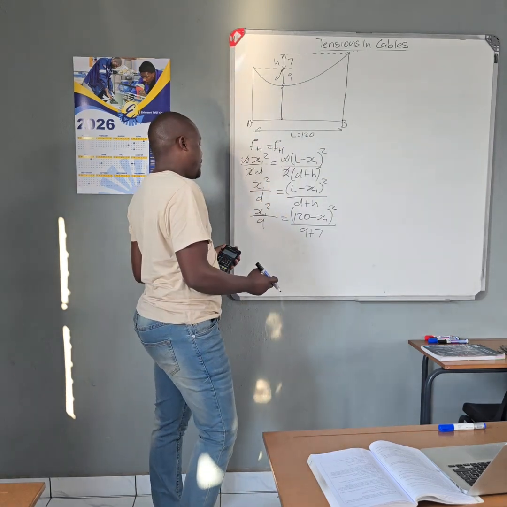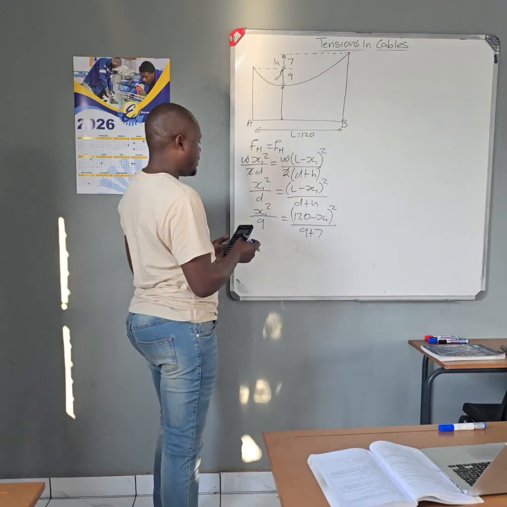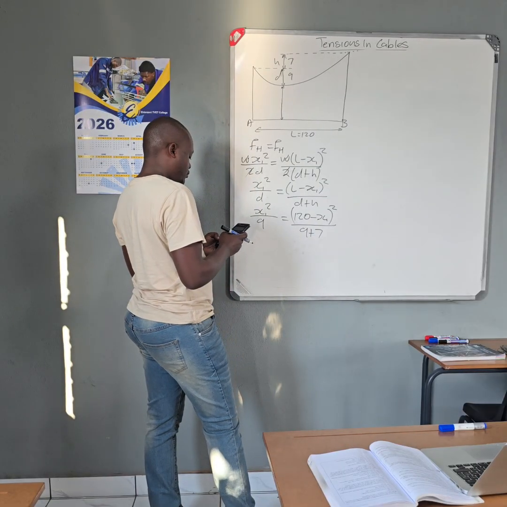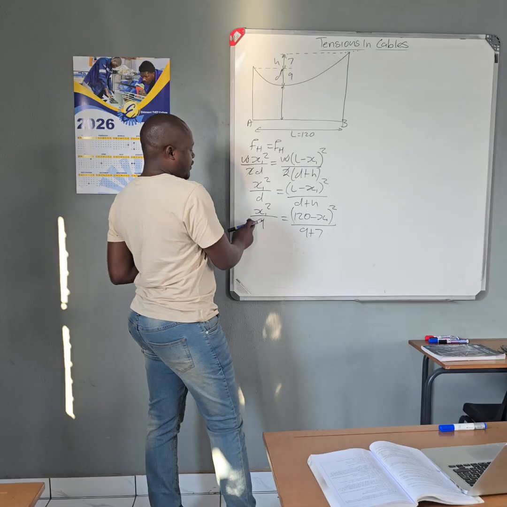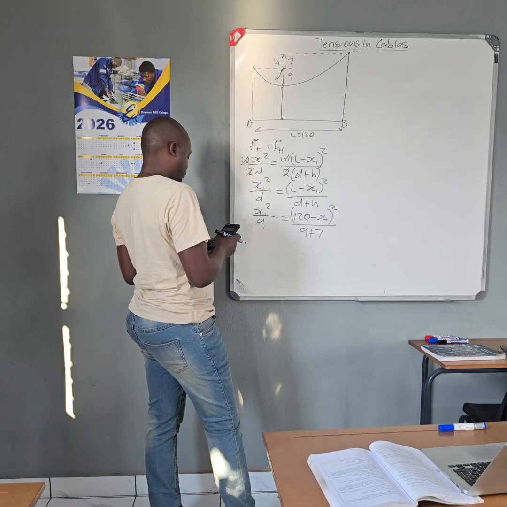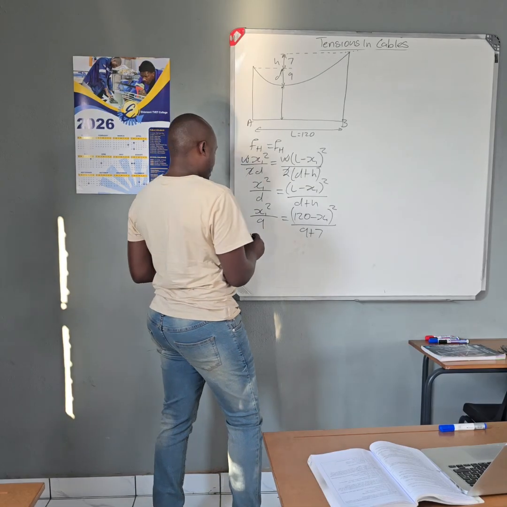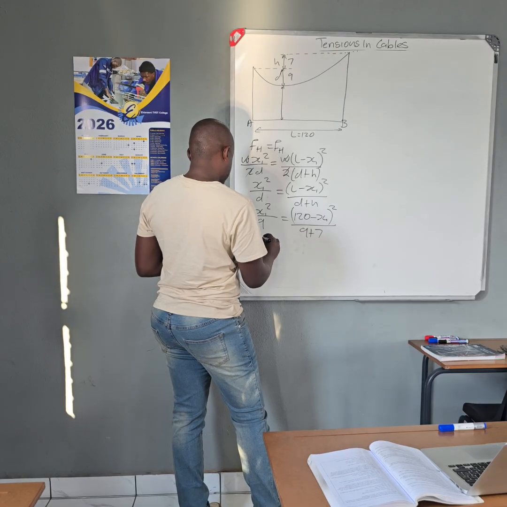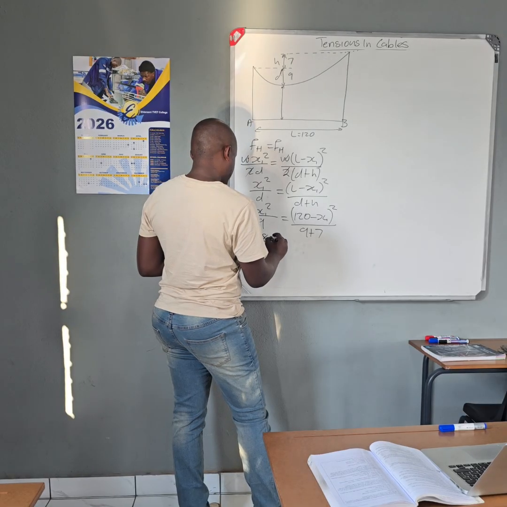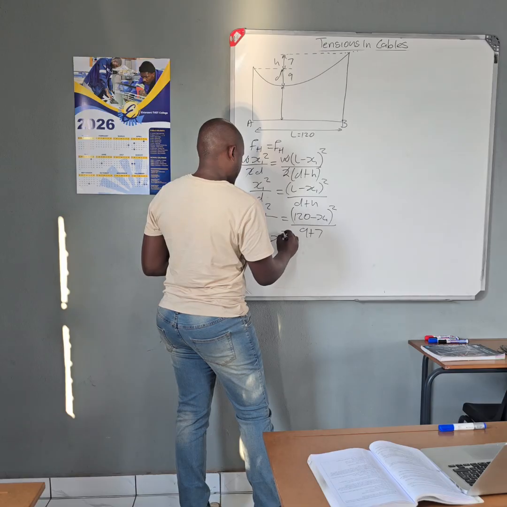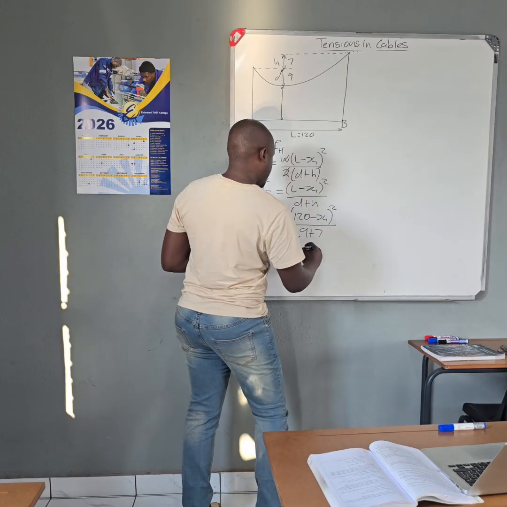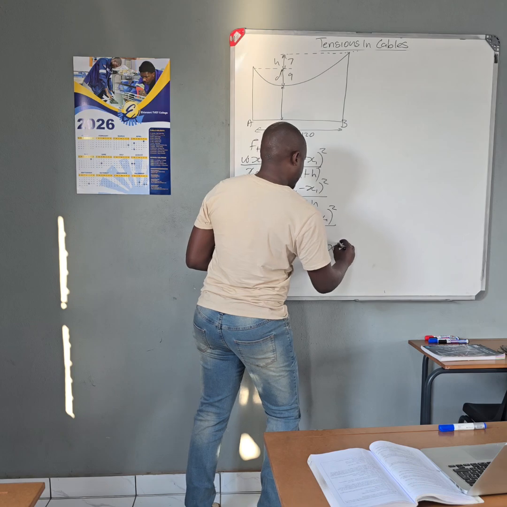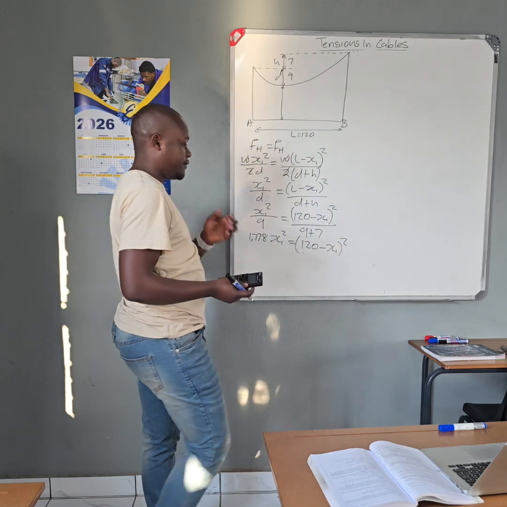Then I'm going to say now 9 plus 7 divided by 9, we get 1.778. x1 squared is going to be equal to 120 minus x1, squared.